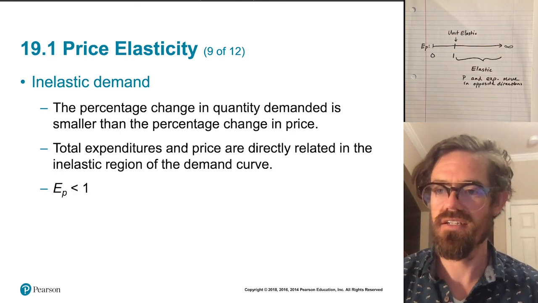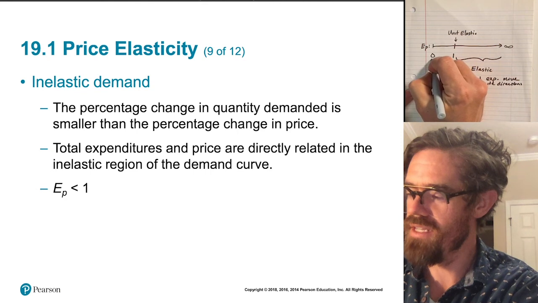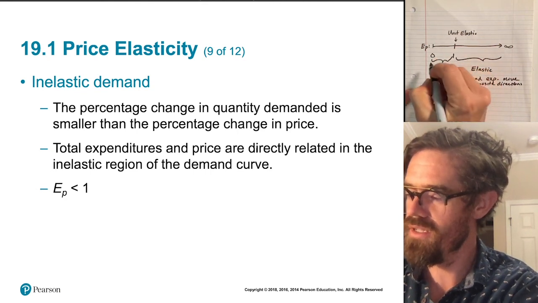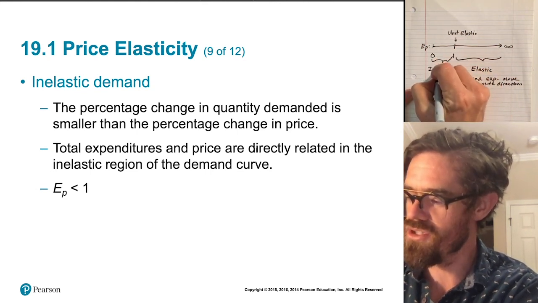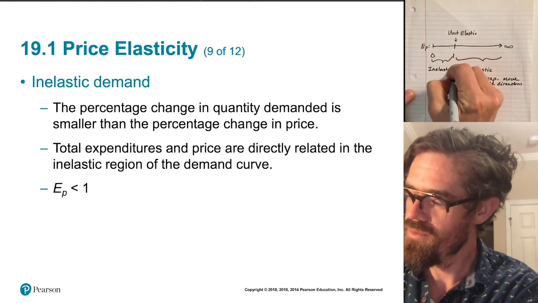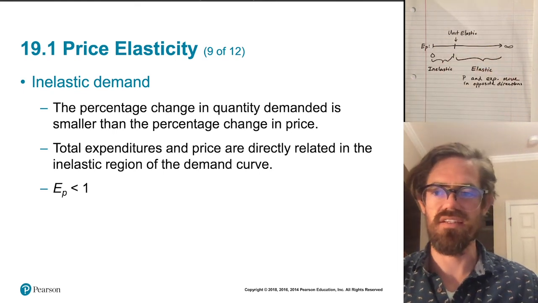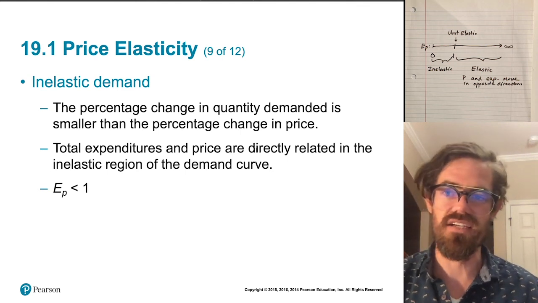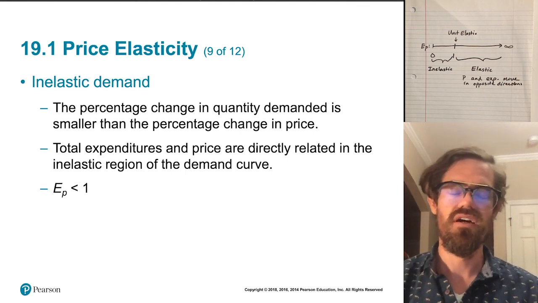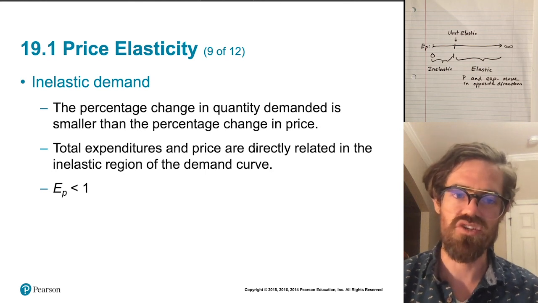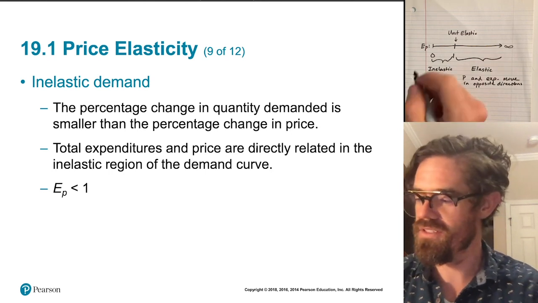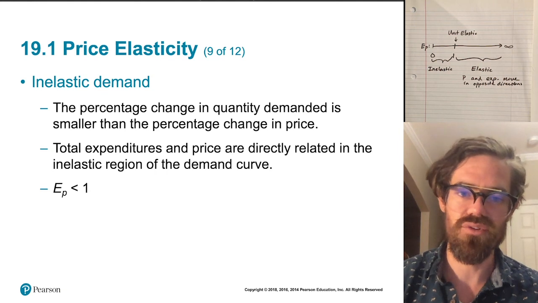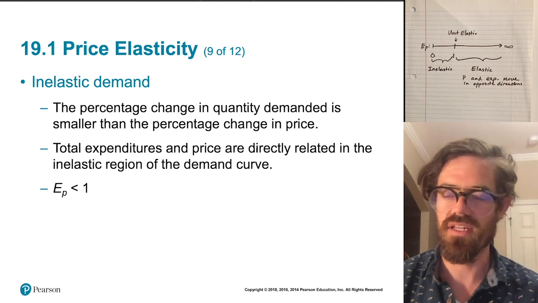And then the last region here is where EP is between 0 and 1, and that's the inelastic region. So if EP is less than 1, we say that demand is inelastic. So consumers are not very responsive to price changes. And when that happens, it basically means that total expenditures and price are directly related.